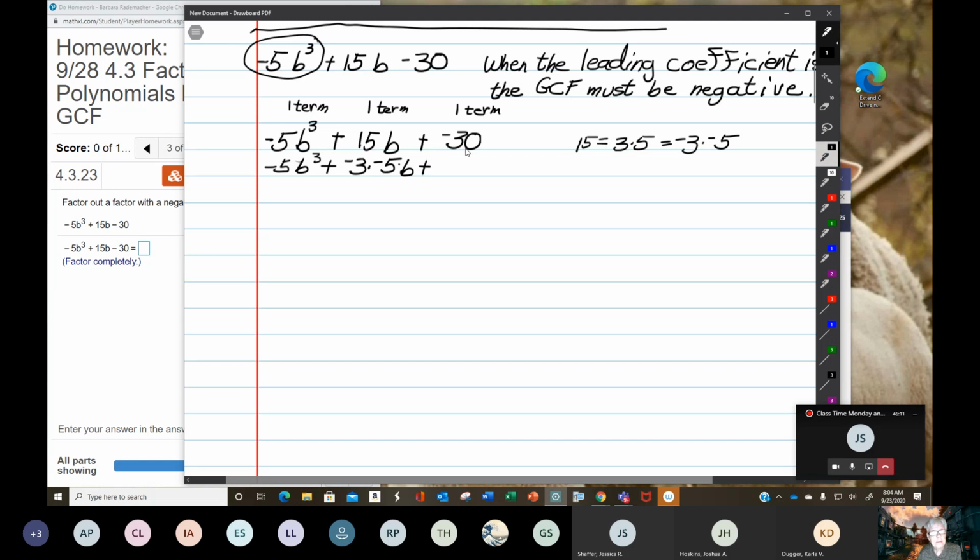So I have to get a -5 out of here. -30, if I'm looking for a 5, is going to be -5 times +6, because negative times positive is negative. So -5 times +6.